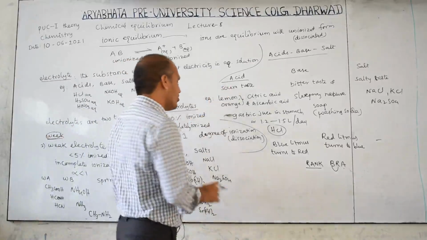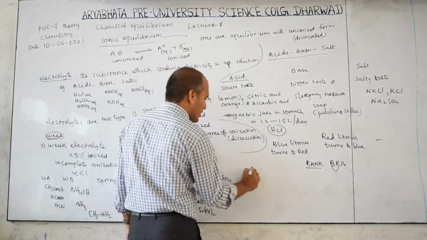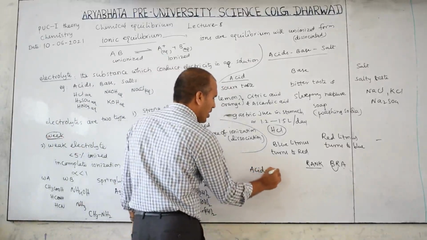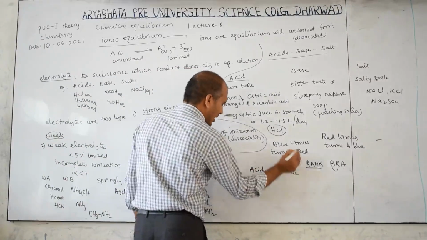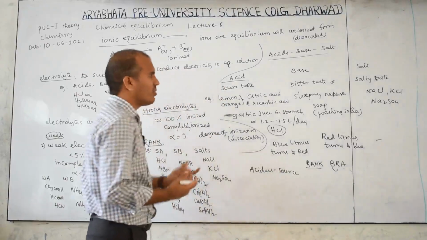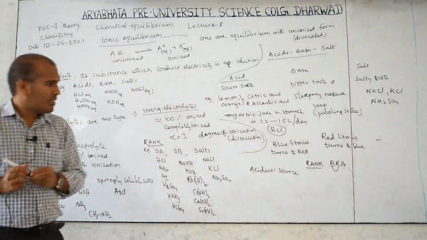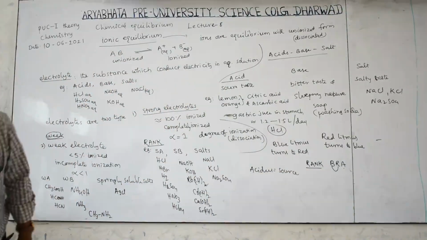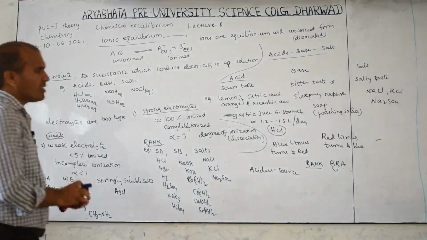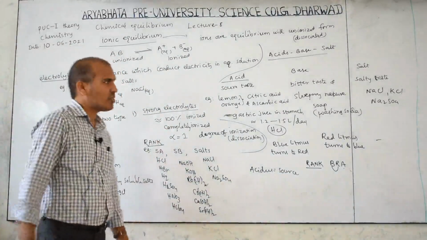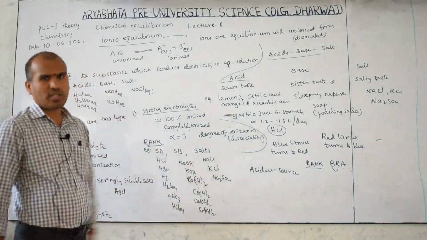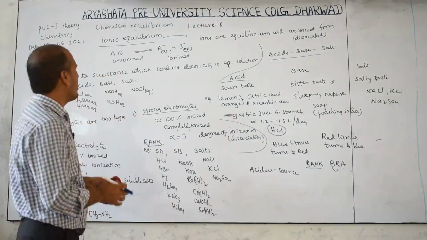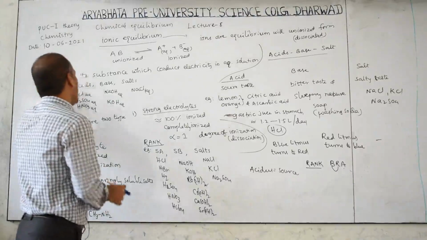Actually the word acid comes from acidus, meaning sour in the Latin language. Therefore these are called acids, and that is a base. So now we will discuss the meaning of acid, base and salt.